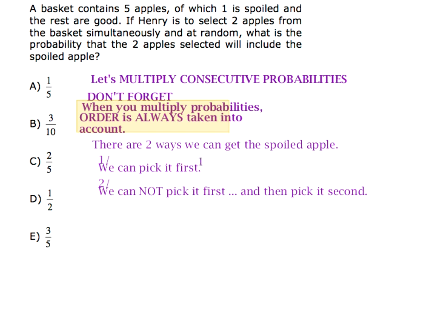Oh, okay. No, you're doing spoiled and good. That's just 1/5. Here, the chance of not picking it first is going to be the 4 non-spoiled ones out of 5. But then out of the 4 that you have remaining for the second choice, one of them is spoiled.